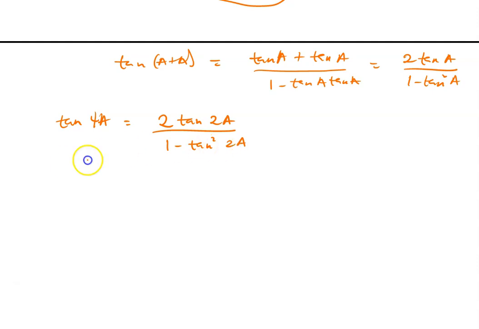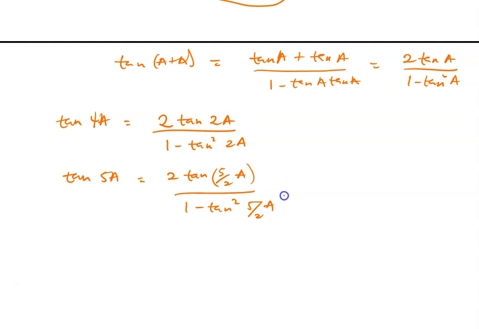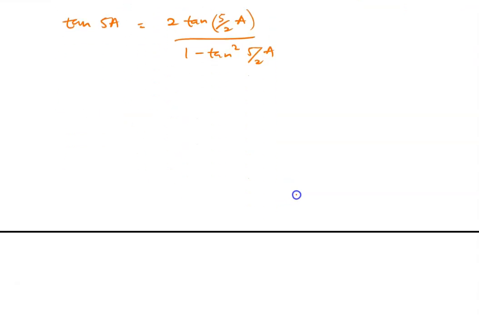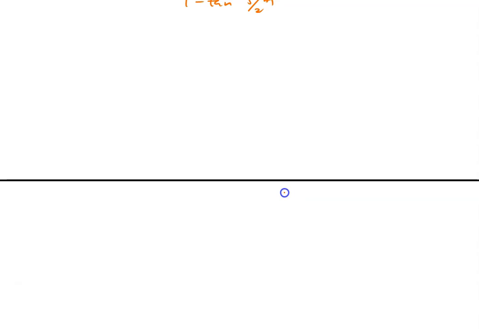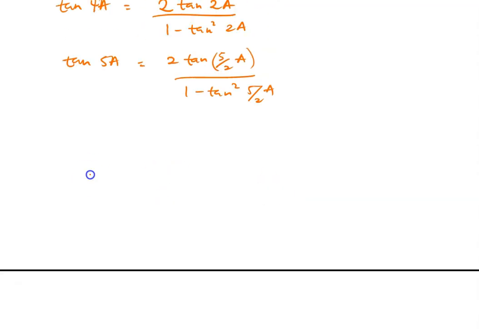If it's odd, for instance tan 5a, then the final result is going to be 2 tan 5a on 2, all divided by 1 minus tan squared 5a on 2. You get it? You can work it out, and at the end you are going to get the right answer. So let's proceed.